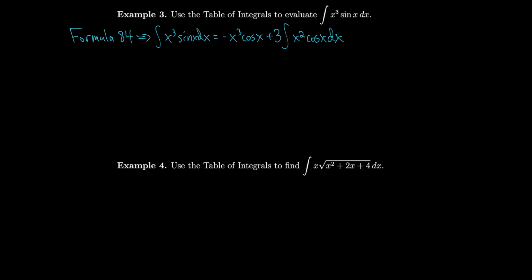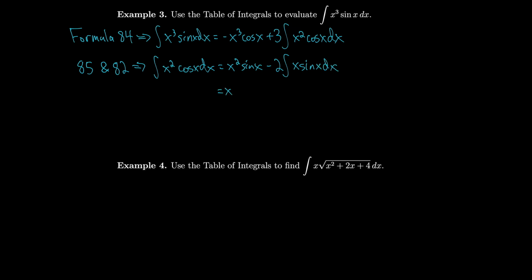And then by formulas 85 and 82, we get that the integral of x squared cosine is equal to x squared sine minus 2 times the integral of x sine x dx.